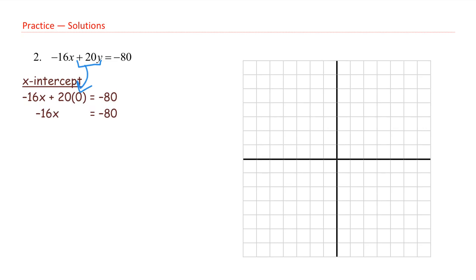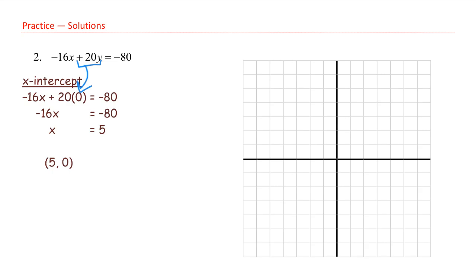So my simplified equation is negative 16x equals negative 80. And when we solve this equation, we end up with x equals 5. This indicates that the x-intercept for our line is 5. If we want to write that as an ordered pair, we write the ordered pair 5, 0.